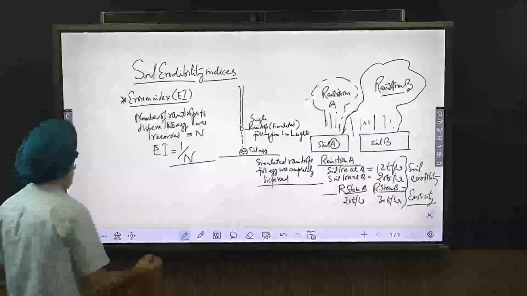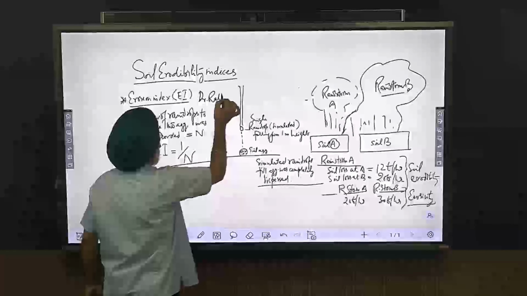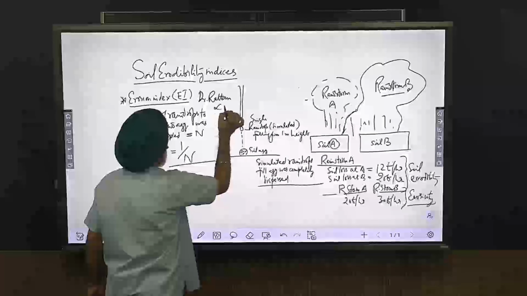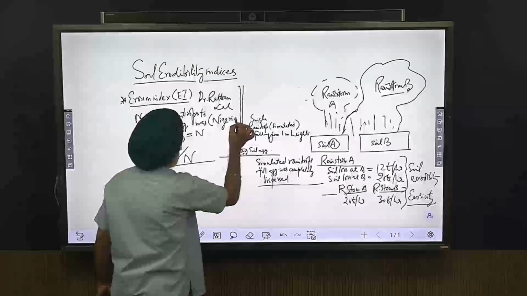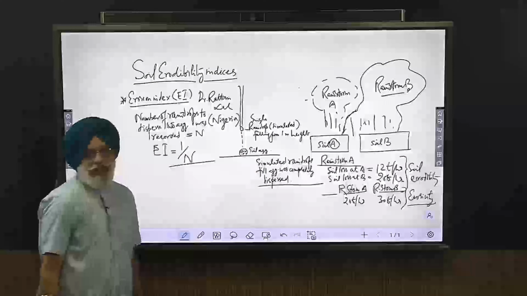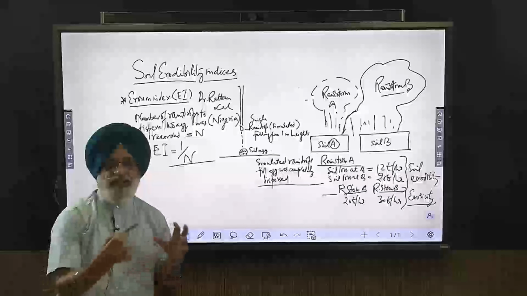This was developed by Dr. Ratan Lal, and he did this in Nigeria. Then our group at Punjab Agricultural University, Ludhiana, further modified this.